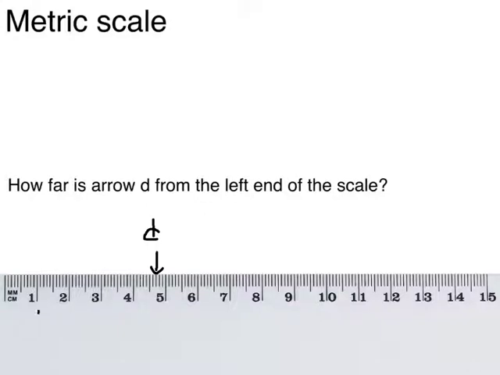So we have here 1 centimeter, 2 centimeters, 3, 4, but not quite 5. So we have 4, and if this longer line here is halfway, that would be 1/2, or 5 out of 10, 6, 7.